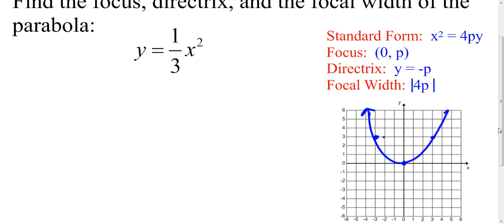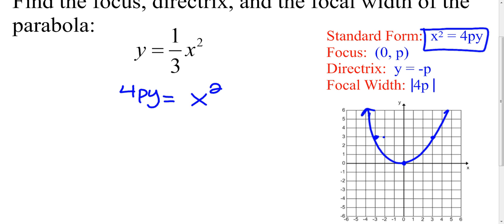Now what we want to do is think about some certain things. If we can figure out what our p-value is, we can answer an awful lot of questions. Our standard form for an up-down parabola is that handy-dandy little formula right there. I am going to switch that formula around and put 4py on the left and x squared on the right, just so that it's the same as the equation that I gave you.